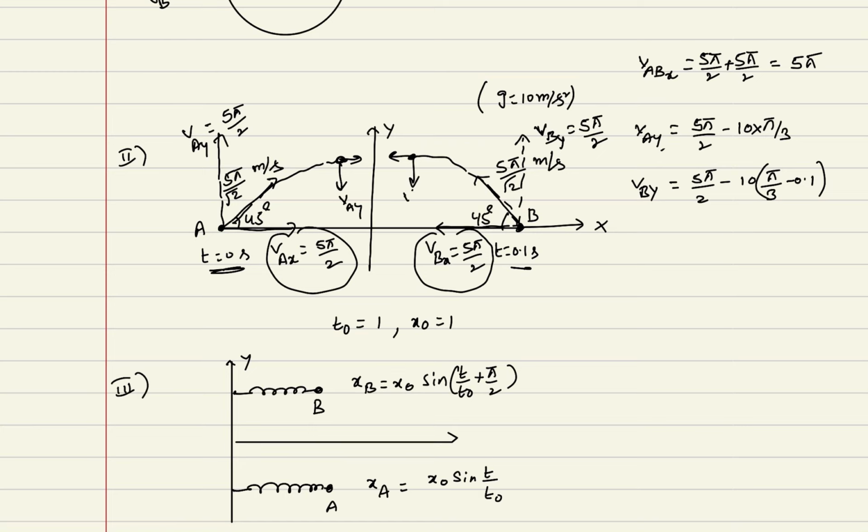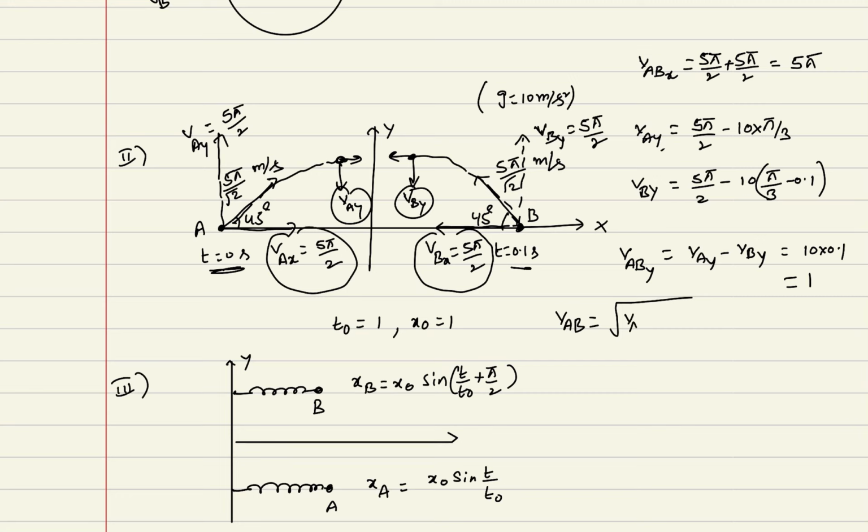So you can see that Vay and Vby are both acting in the same direction. Velocity of A with respect to B along the y-axis is Vay minus Vby. The 5 pi by 2 terms cancel, the 10 pi by 3 terms cancel, and the remaining value is 10 into 0.1, which is 1 meter per second.